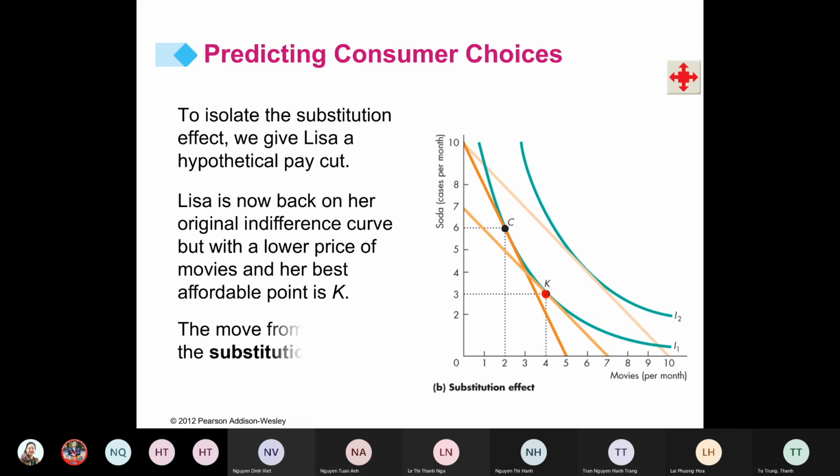So from C to K, we call it the substitution effect. So of the change from 2 to 6, the first effect is from 2 to 4, which we call the substitution effect, where Lisa still gets the same level of satisfaction as before.